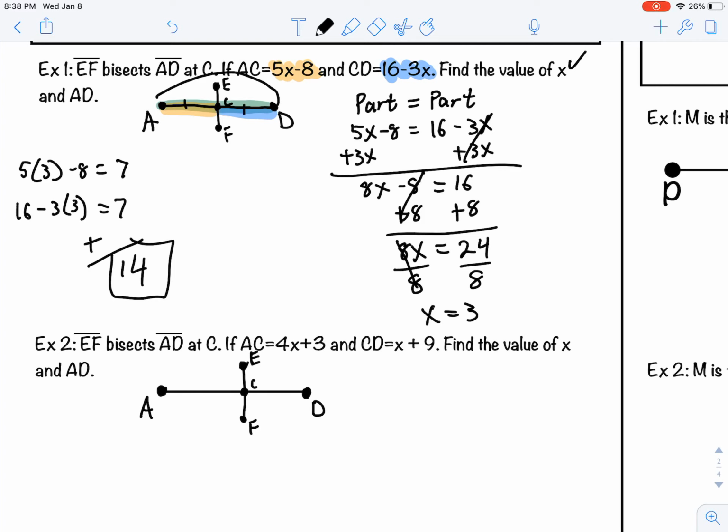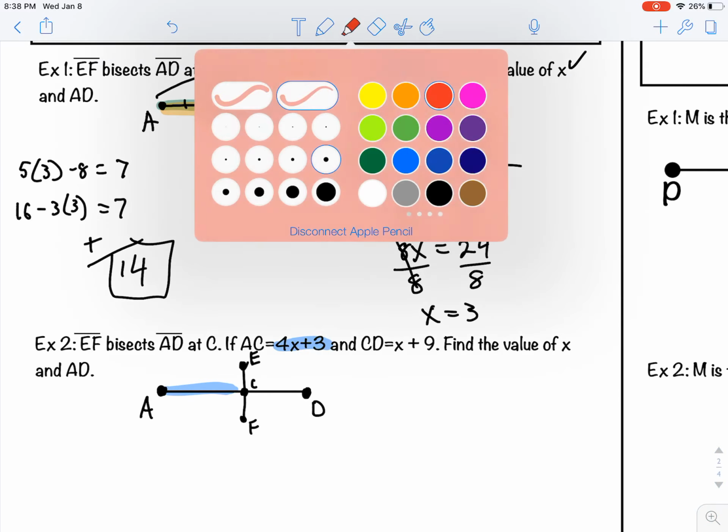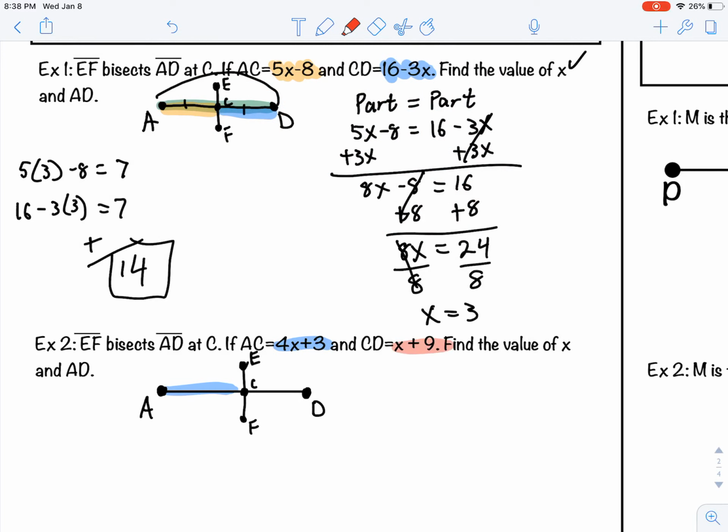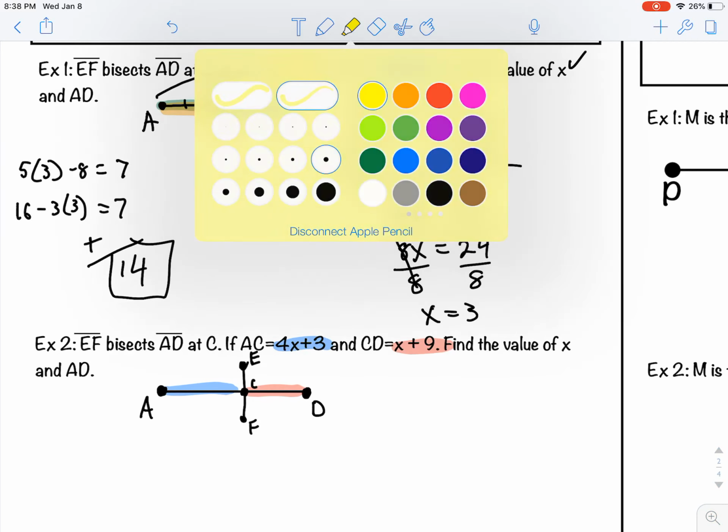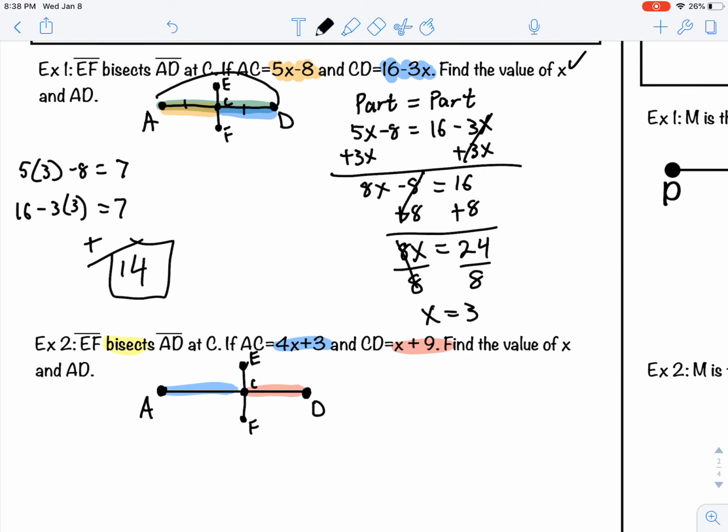Okay, so let's go ahead and get our highlighters out. And my first thing that I'm going to highlight is AC, which is 4x plus 3. The next thing I'm going to highlight is x plus 9, which is from C to D. All right, and since I know that my keyword is bisects here, I know that my two segments that I made, they are equal to each other.